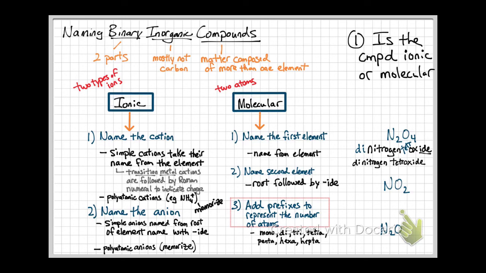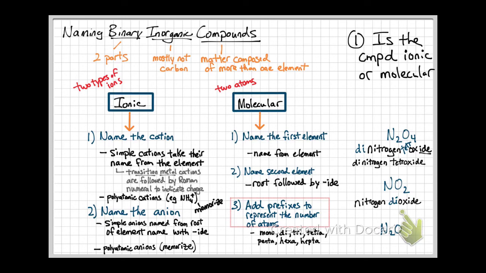The next compound with nitrogen and 2 oxygens, so this again is going to be a nitrogen oxide. Nitrogen is named first, followed by oxygen with the IDE ending. And now we're going to distinguish it from the previous one by adding the prefixes.